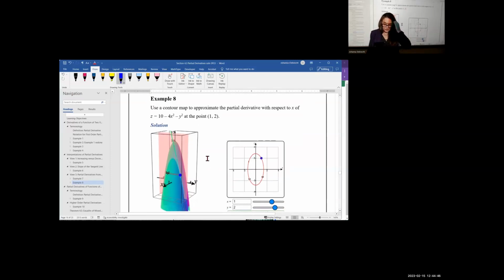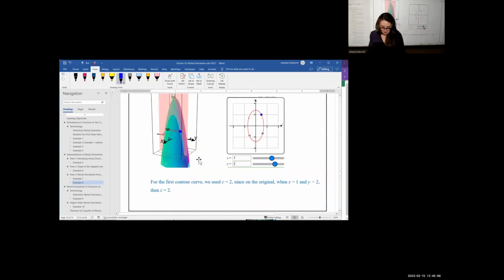This one, we're using the contour map to approximate the partial derivative. This time we do have the surface, which is a downward opening parabola at the point 1, 2. I think we've already done this once. How would we use the contour plot to do that? Well, we'd have to produce a couple of different contour lines.